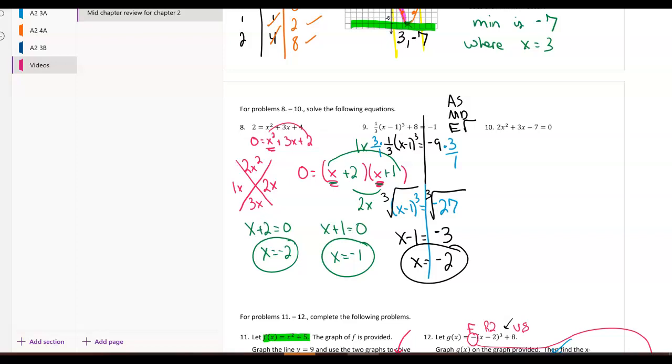And the last problem. So I want to look for factors of -14 that make 3, and it turns out there's not. So we will do the quadratic formula, where a is the number with x squared, b is the number with x, and c is the number that has no x.